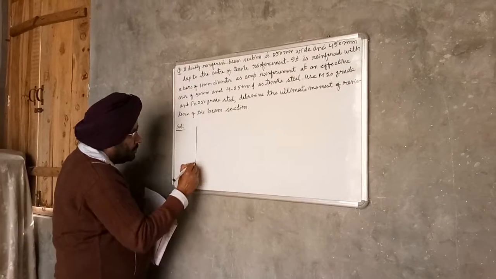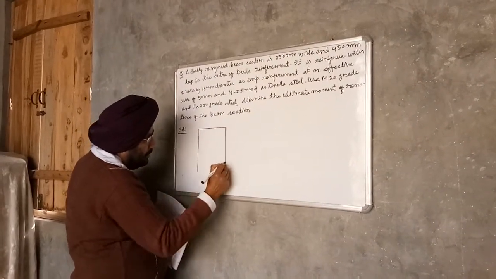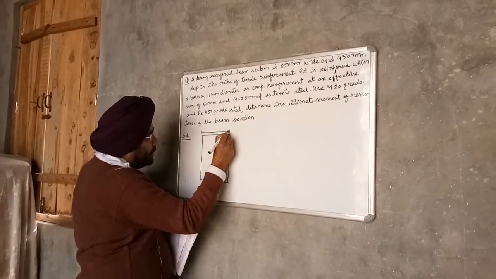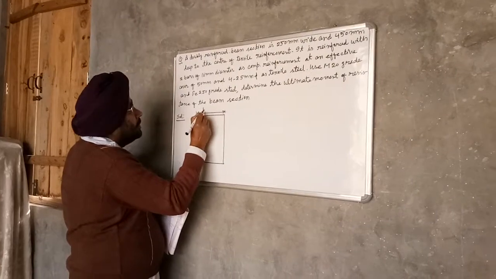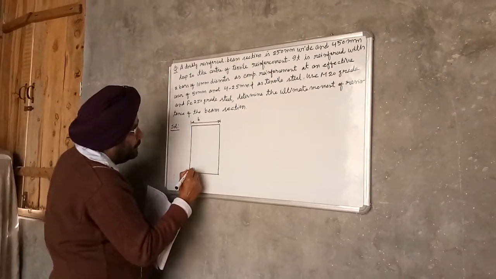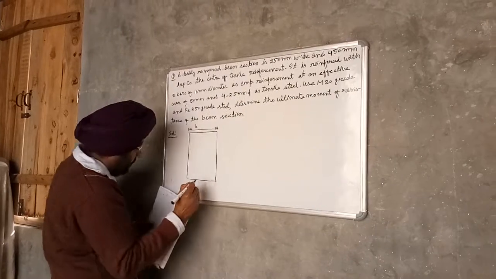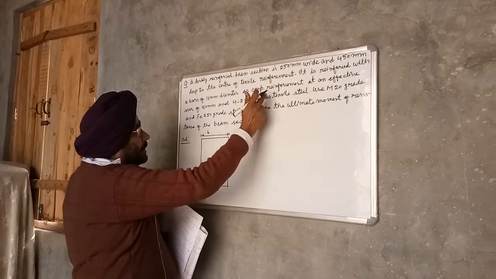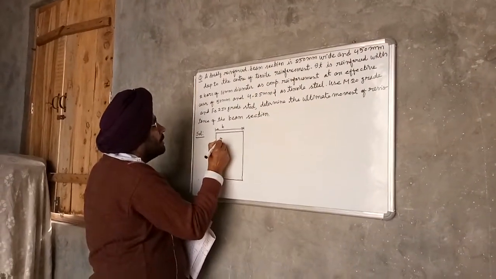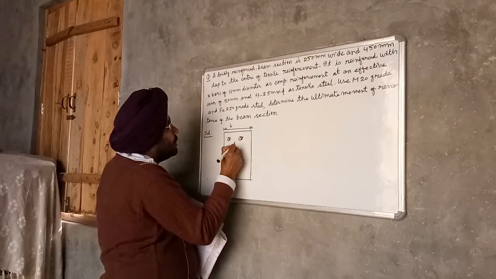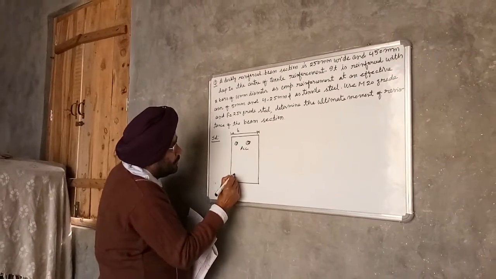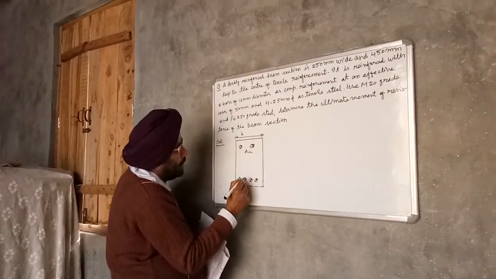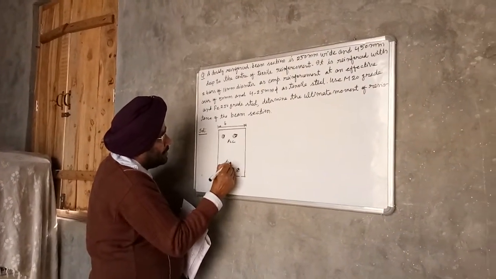so this is our section of the beam. So width of the beam section is B and effective depth is D. Two bars of 16 mm diameter are used as compression reinforcement. So this is compression steel and this is 4 bars of 25 mm diameter as tensile steel.